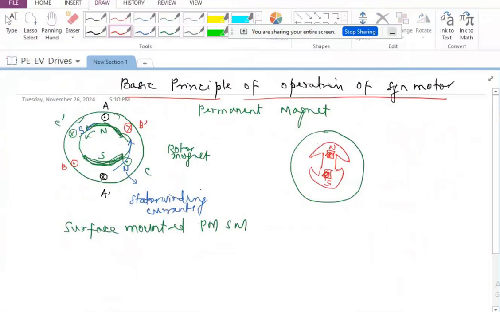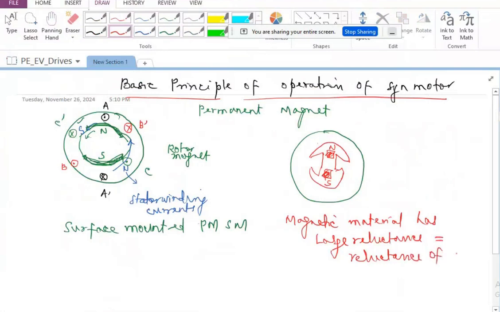And what is going to happen is, if you look at the magnetic material, it has large reluctance normally, which is equal to the reluctance of air. That is, it is not going to allow the magnetic field lines to pass very easily.